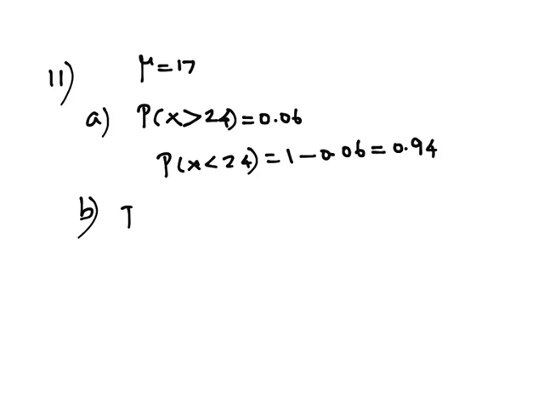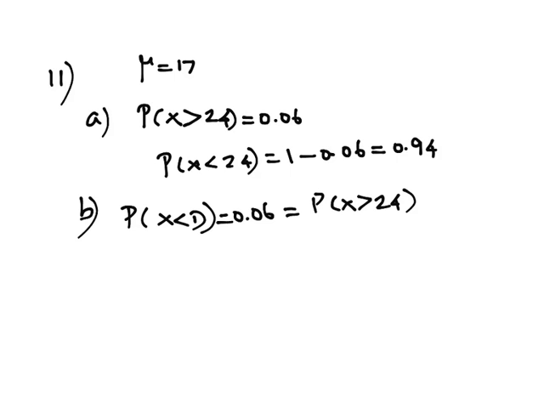So P of x less than d is 0.06. Now we can see that this is the same as P of x more than 24, isn't it, students? P of x more than 24 is also 0.06, and P of x less than d is also 0.06.